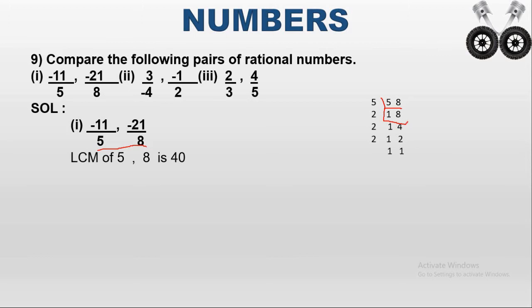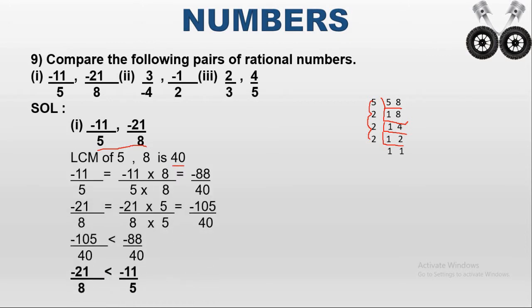Factor for 8 is 2, so 4 2s are 8. The factor for 4 is 2, 2 2s are 4. The factor for 2 is 2 itself, so 1 into 2, 2. Now the LCM for 5 and 8 is 5 into 2, 10; 10 into 2, 20; 20 into 2, 40. So the LCM for 5 and 8 is 40.